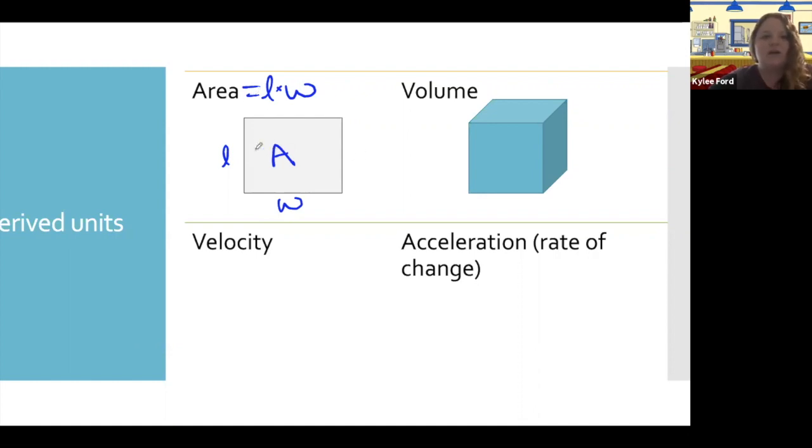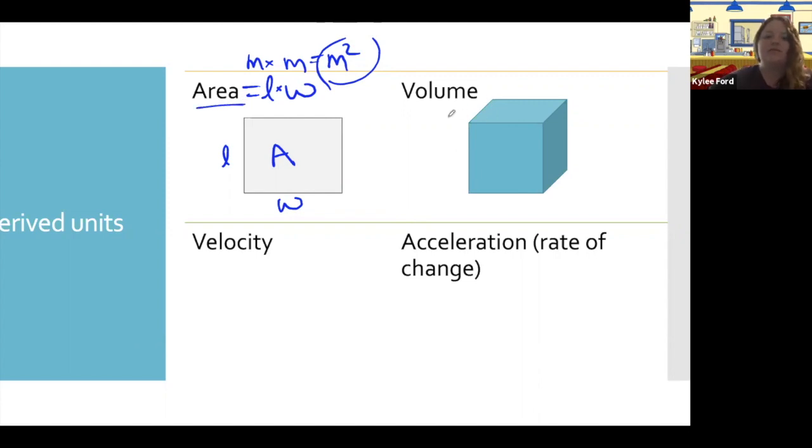If I'm multiplying a length times a width, what are my units going to be? Our length and our width are both in meters, so the units would be meters times meters, which is meters squared. So for our area, our derived units are meters squared.